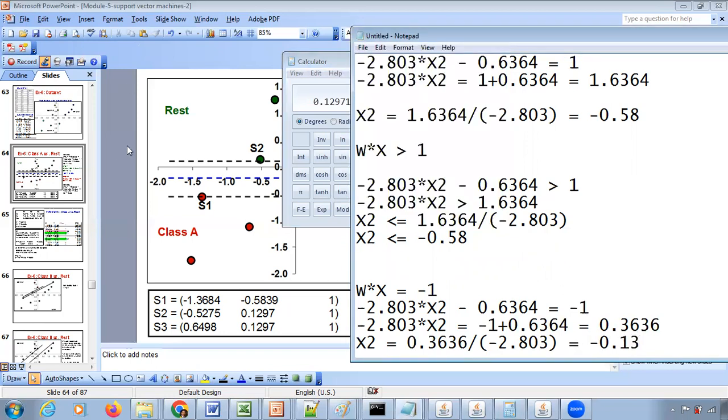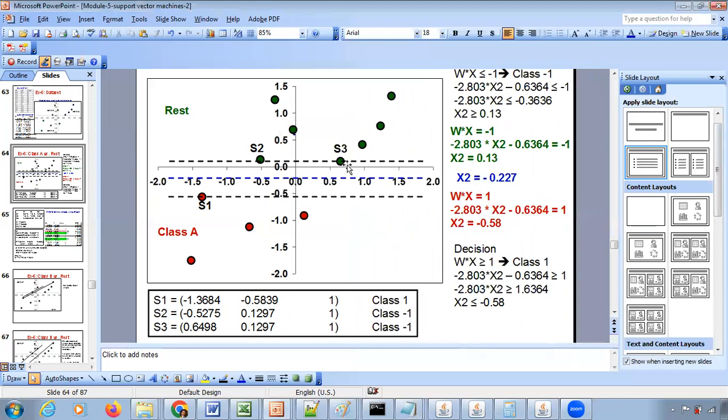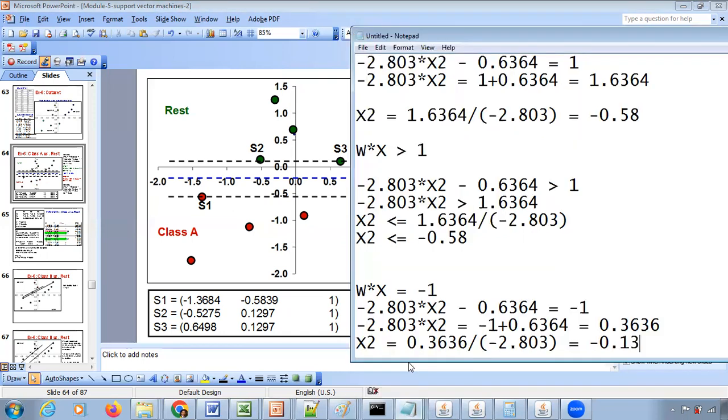So x2 equals -0.13 is this point, and the line goes through that data point. And for all these other green data points, x2 will actually be greater than. Well, I think I made a mistake here.